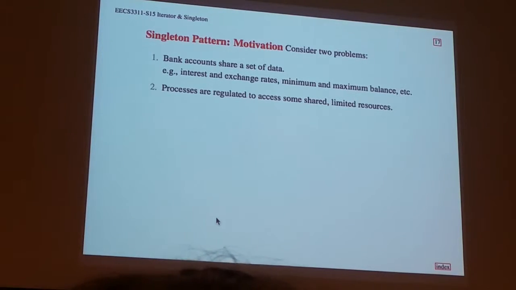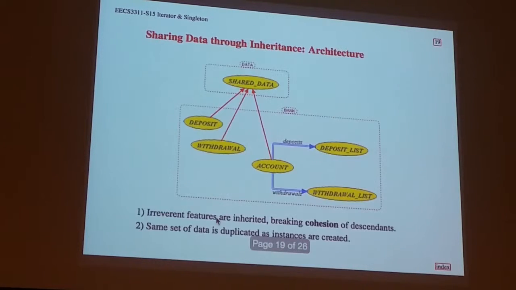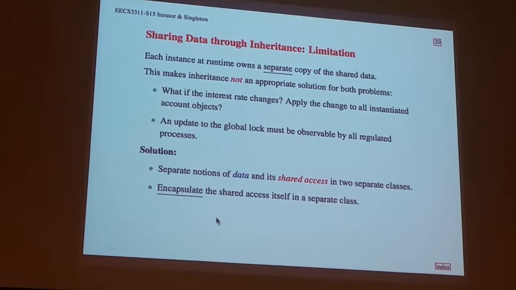Whenever you make a change to the shared resource, it should be visible to all the objects, all of the processes or threads. So this gives us some hints about what should be a good pattern for the design for this kind of problem, where you want to have a shared resource.